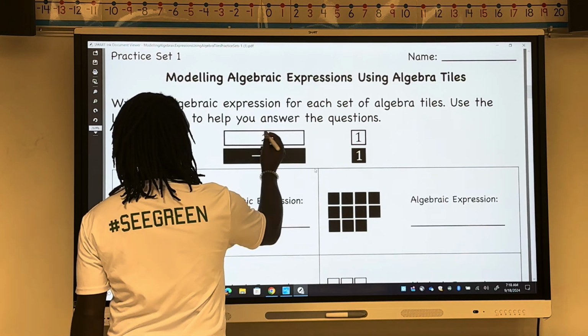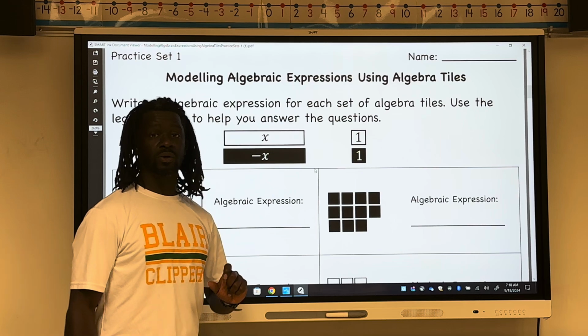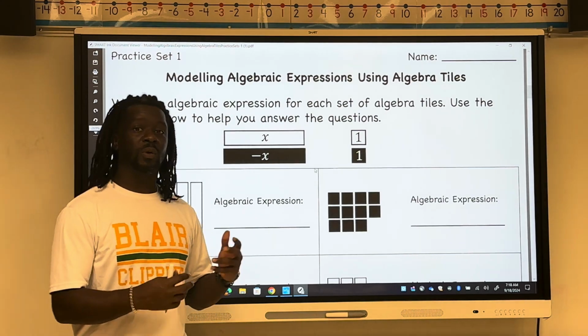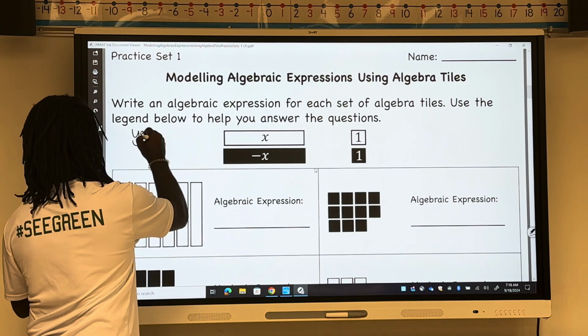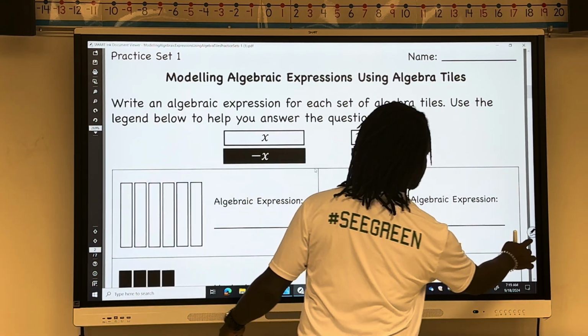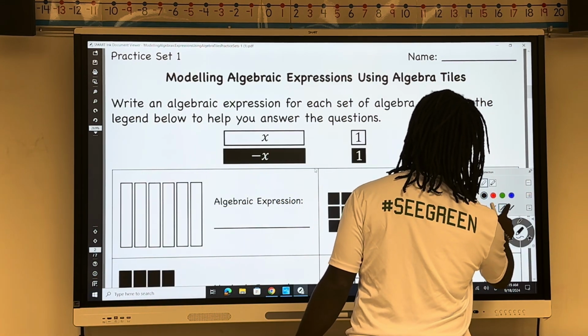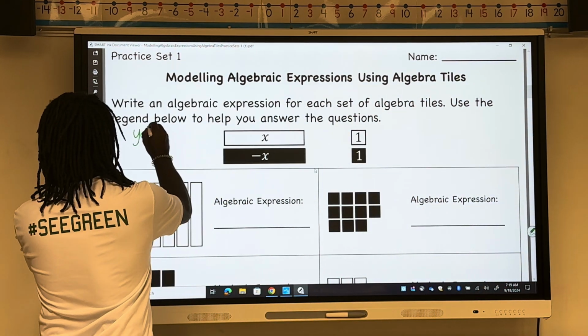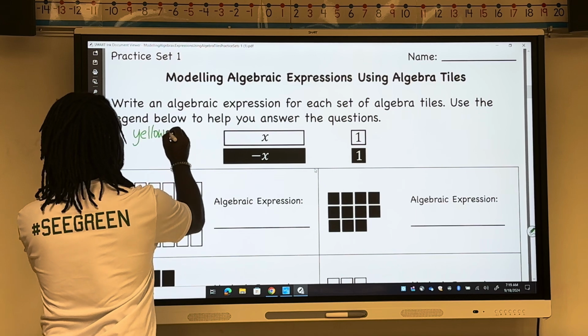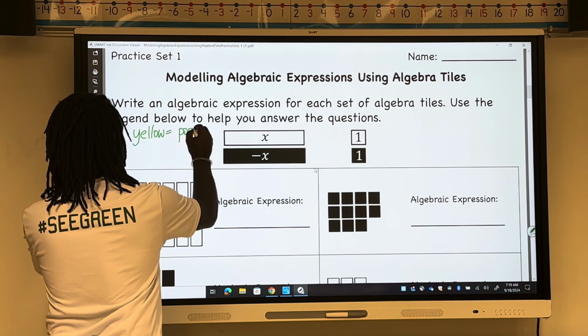And we have a white square, which represents 1. If you want to write this in yellow, yellow equals positive.